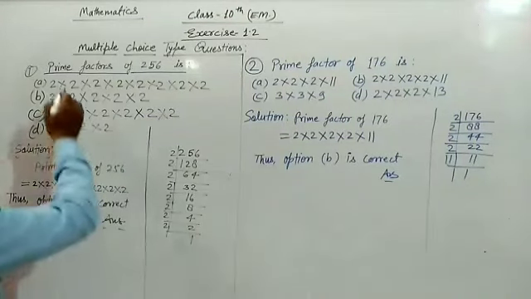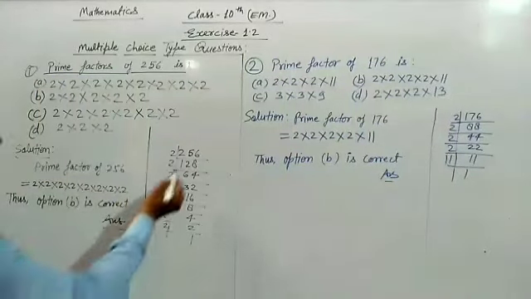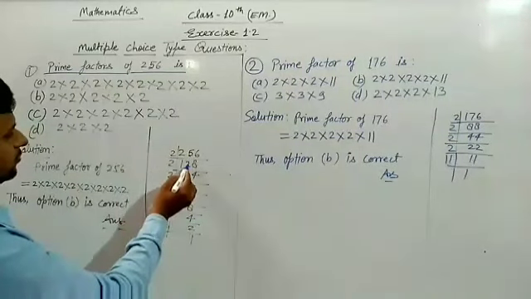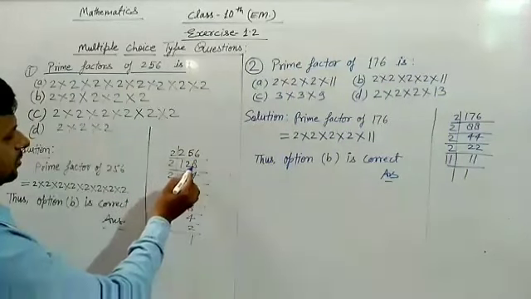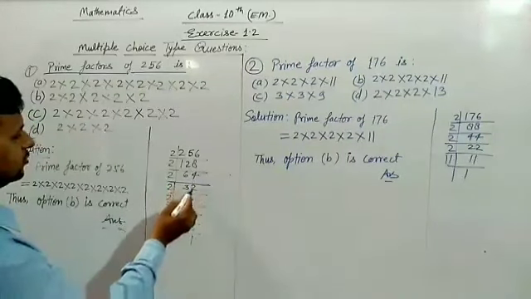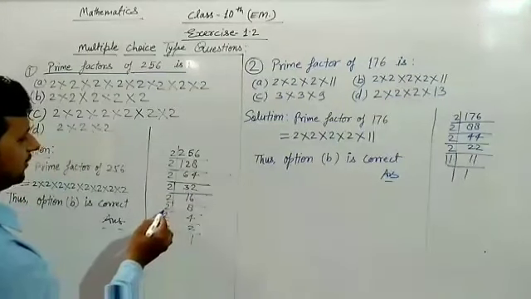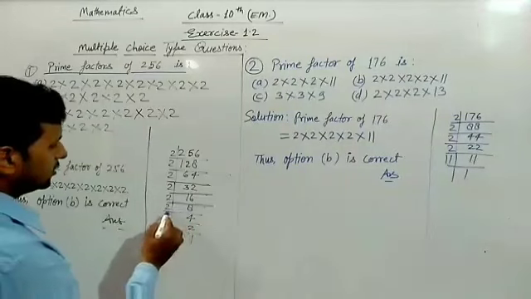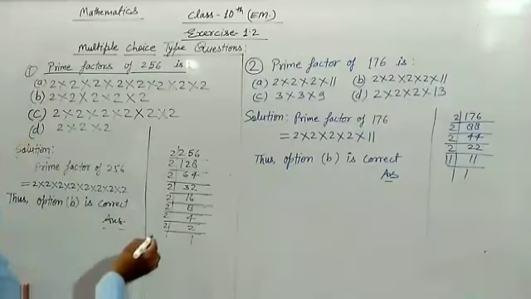So we have to find the prime factors of 256. We can factorize it in this way: 256 divided by 2 is 128, divided by 2 is 64, 32, 16, 8, 4, 2.